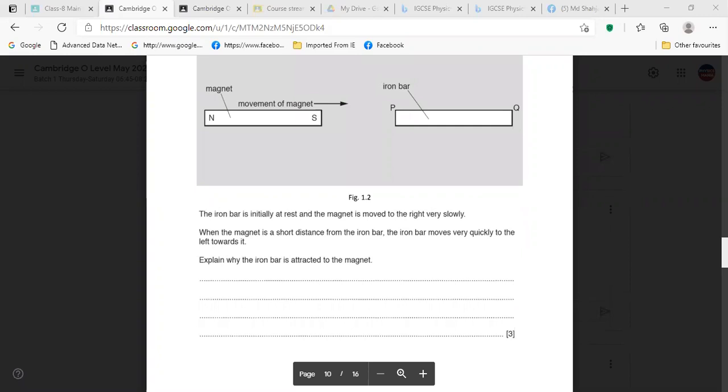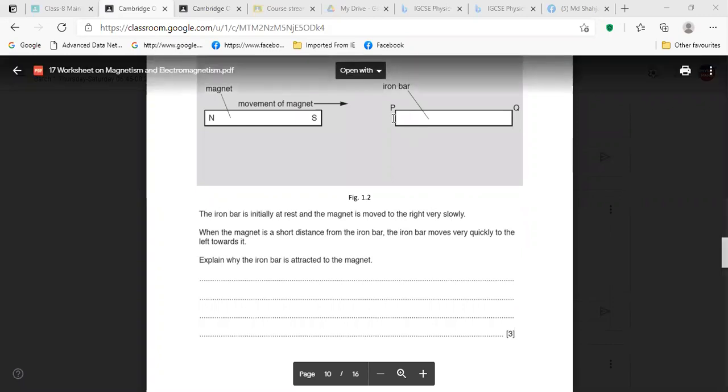It's an induced magnet, right? And if it is an induced magnet, then its ends P and Q also will have poles, right? So P will turn to north pole and Q will turn to south pole. Is it clear?